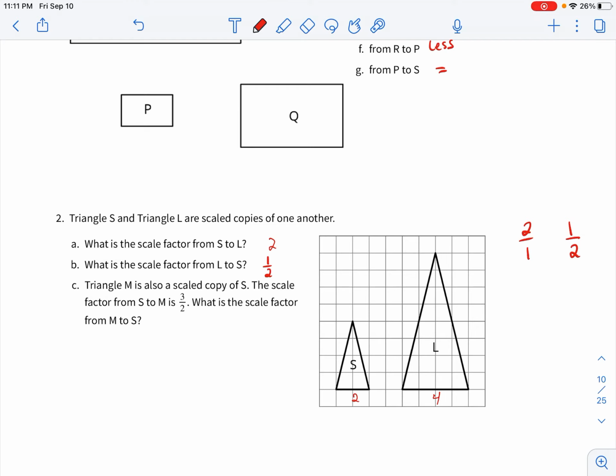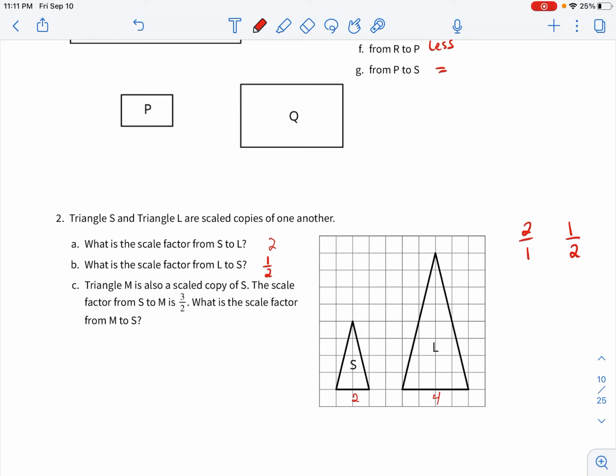All right, so likewise on this next one, it says triangle M is also a scaled copy of S. The scale factor from S to M is 3/2. What is the scale factor from M to S? So now we know from small to large, it's 3/2. So we're going to follow what we did up here, where you take the reciprocal when you work backwards.